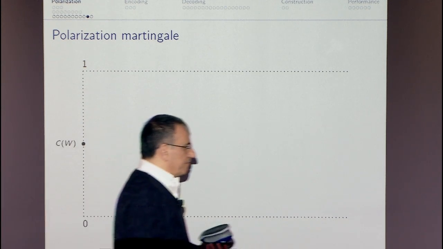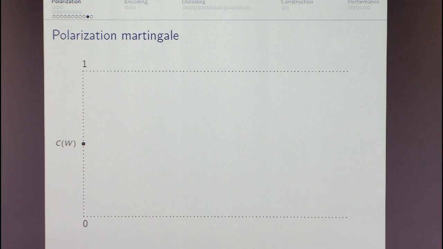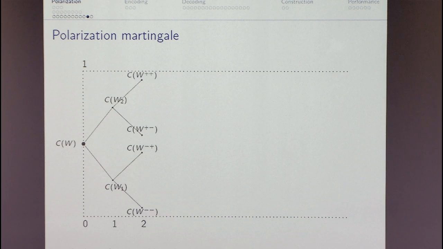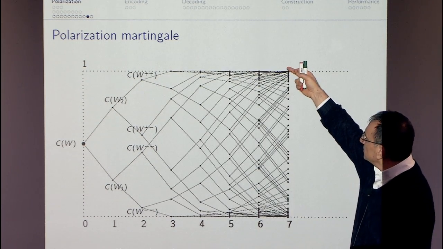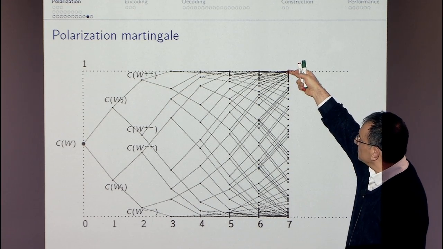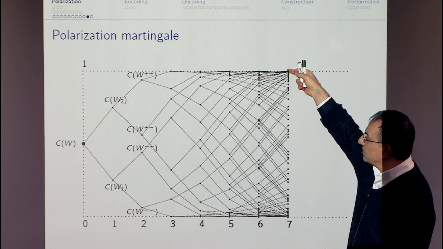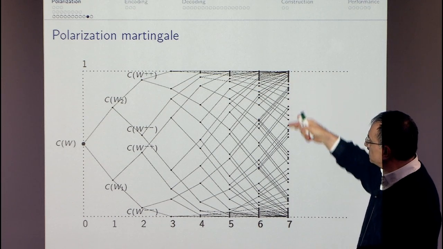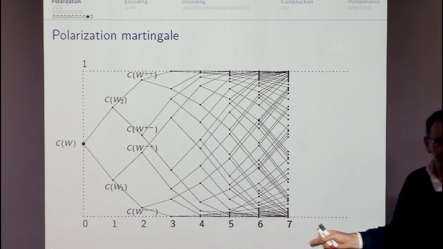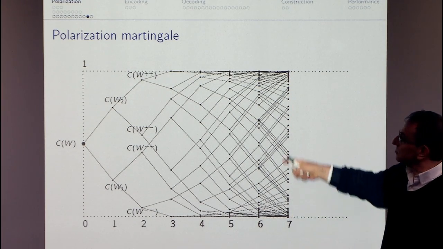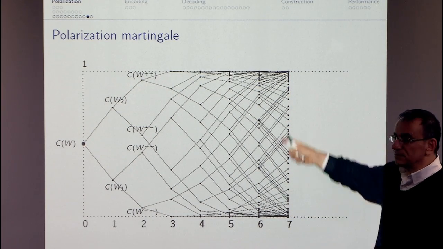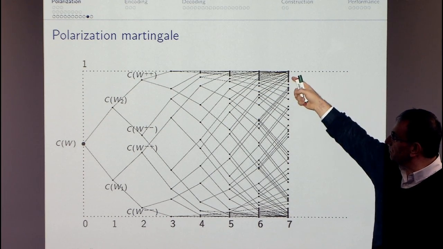What we want to do is understand the fraction of channels which are extreme channels, either have capacities near 1 or near 0. We are interested in the fraction, so the distribution of the capacities.